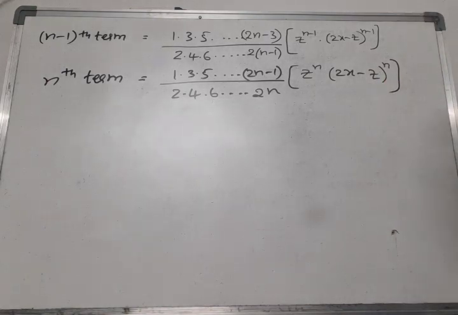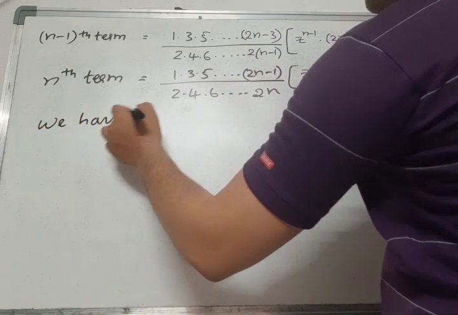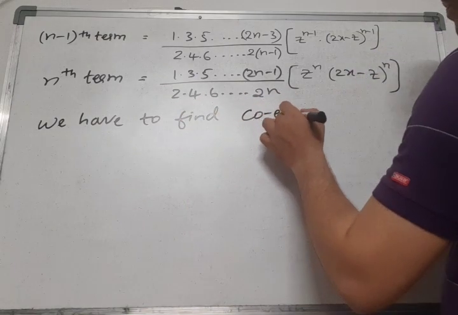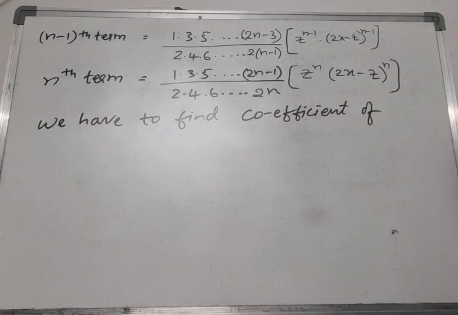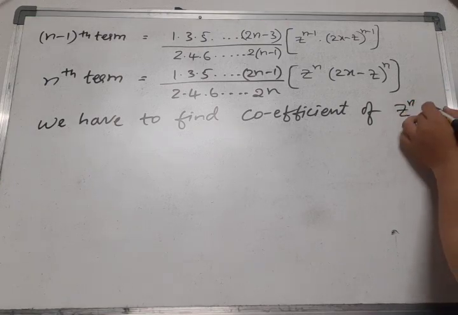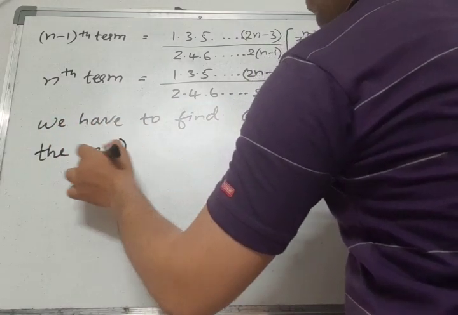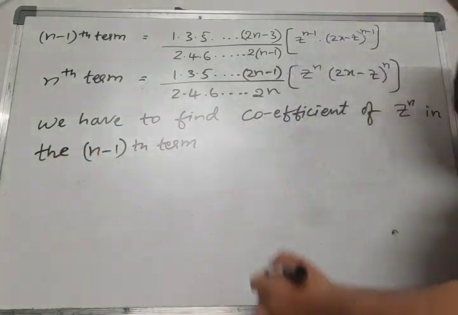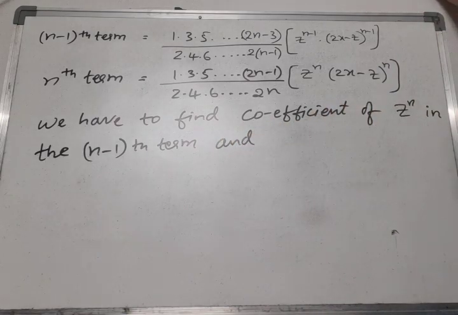Now we have to find the coefficient of z to the power of n in the n minus 1th term and in the nth term.